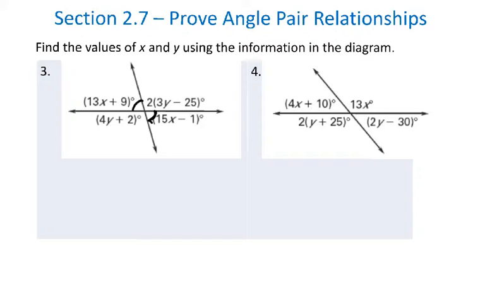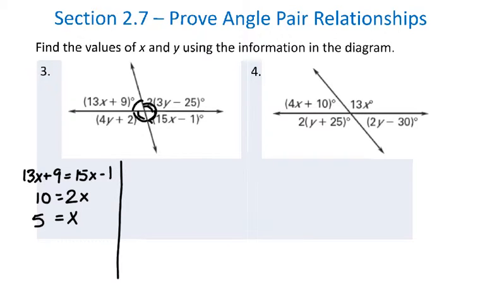Same goes for y. So I'm going to say 13x plus 9 is equal to 15x minus 1. And solving for x, we get 10 equals 2x. So x equals 5.